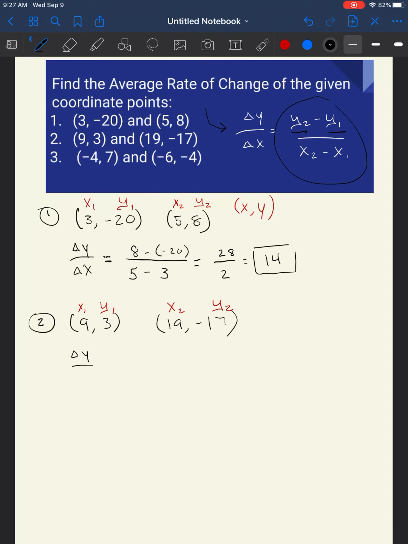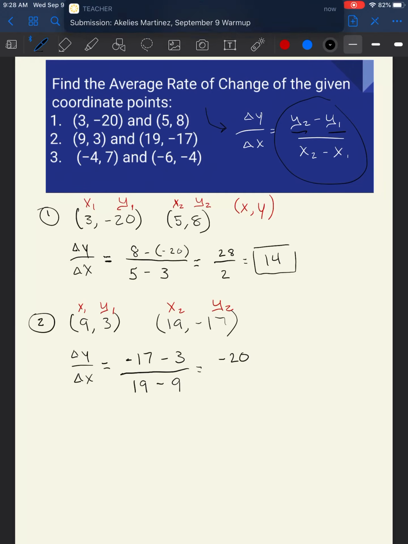So change in y over change in x. That's going to be y2, -17, minus y1, which is 3, over x2, which is 19, minus x1, which is 9. That gives me -20 on top, over 19 minus 9, which is 10. That's going to give me -20 divided by 10, which is -2.